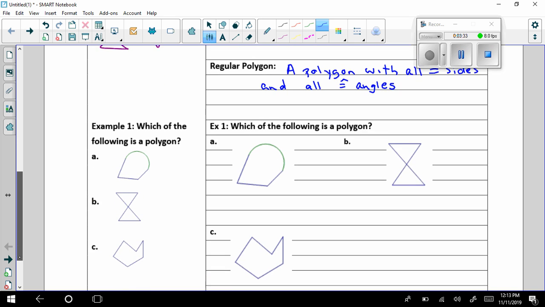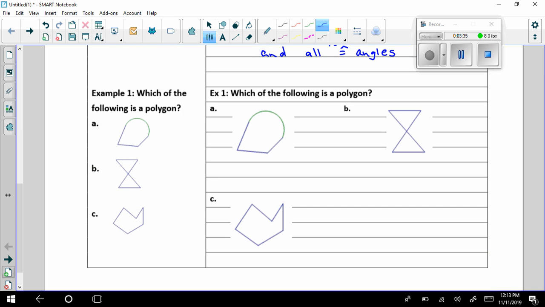Okay. Right, so which of the following are a polygon? Okay, so looking at the definition above, go ahead and pause the video and tell me which one of these is a polygon. Okay, so the first one is not, right? This is curved, so it's not a segment.